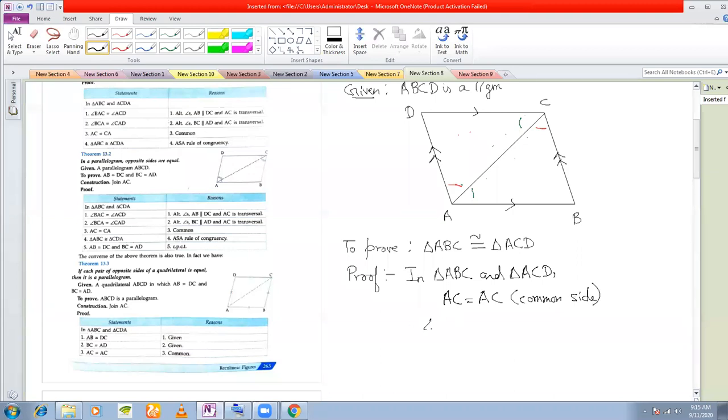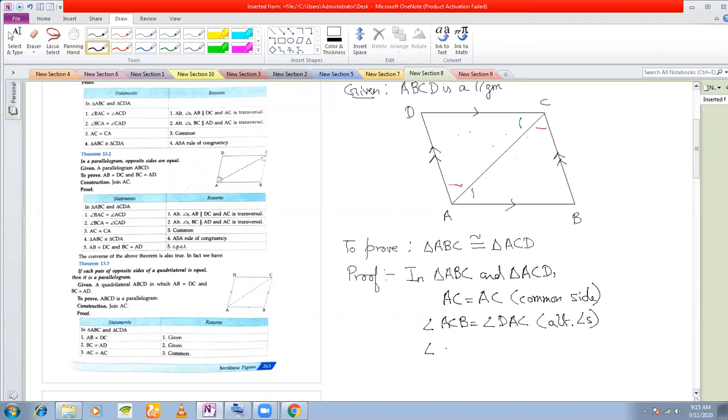Next, the red angles, angle ACB is equal to angle BAC. And I'll give you a reason, alternate angles. Even if you see the table is drawn here while doing the proof, you don't need to draw the table. You can do what I am doing. Tables are not required here.